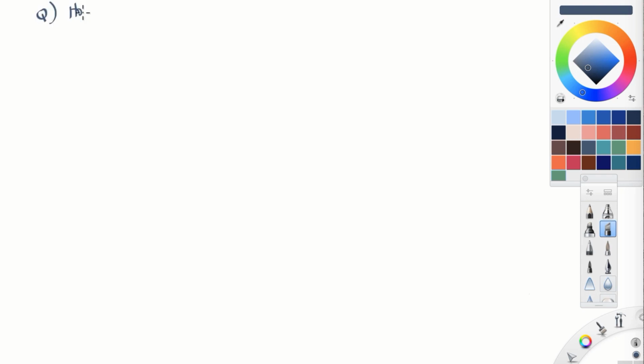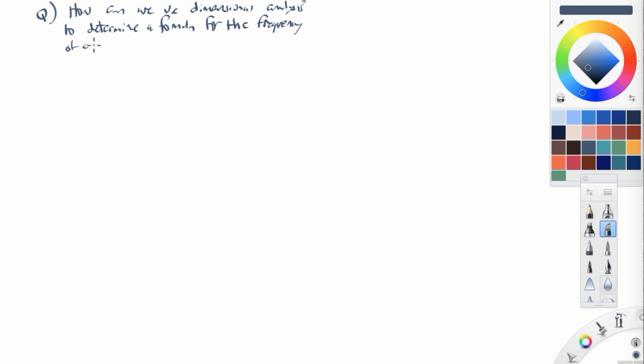How can we use dimensional analysis to determine a formula for the frequency, or alternatively the period, of a pendulum? That's the question we're asking.